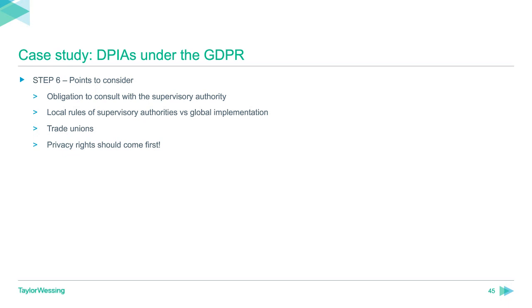It may be that you will have to consult with your supervisory authority, so you will need to think about that. It may be that in the countries where you are established, you have trade unions, and therefore you may have to consult with them or inform them of the tool. And if you need to do both, it may delay the implementation of the tool as well.